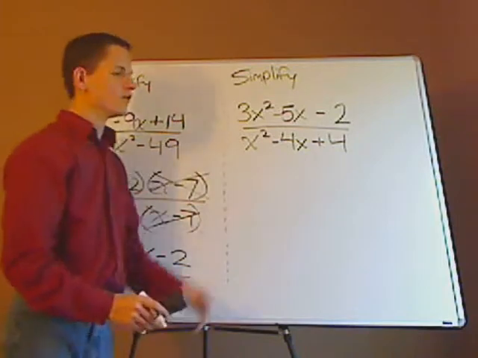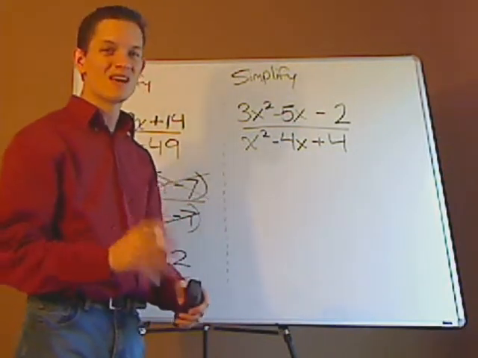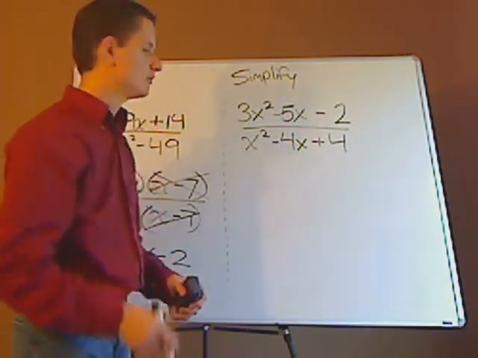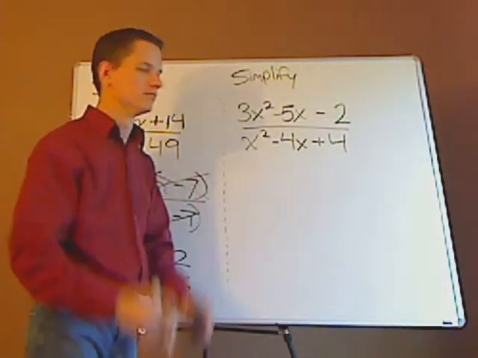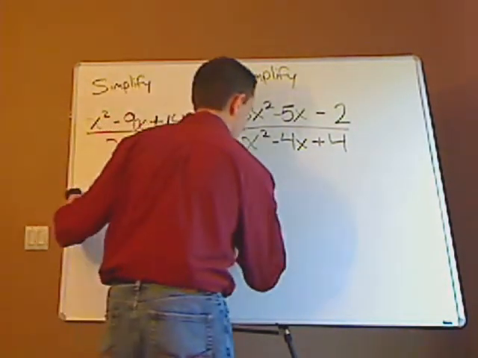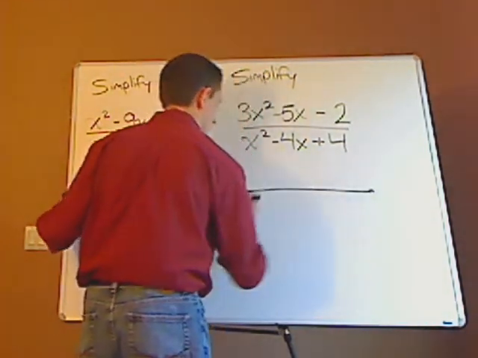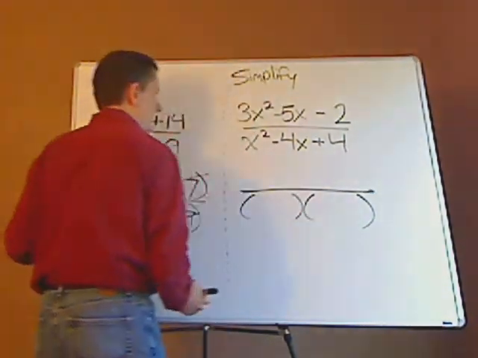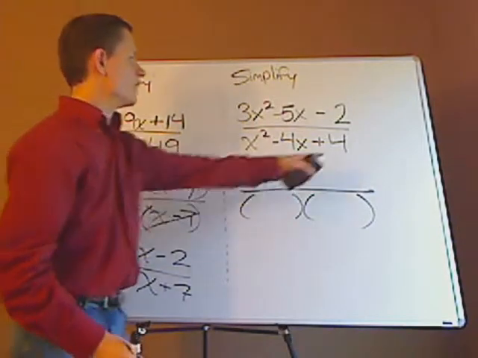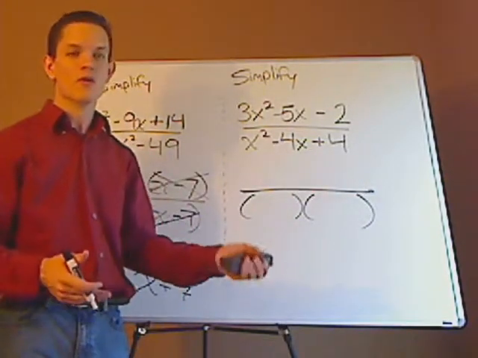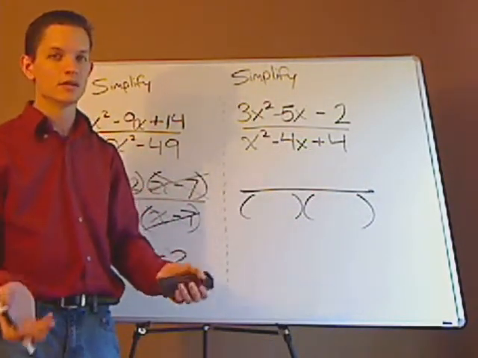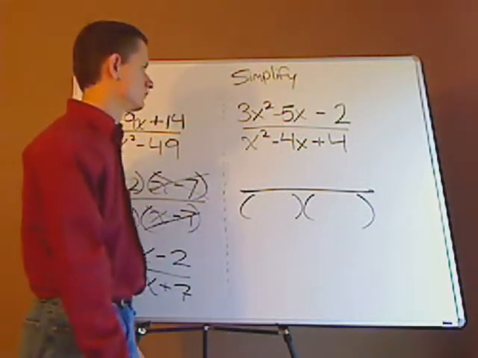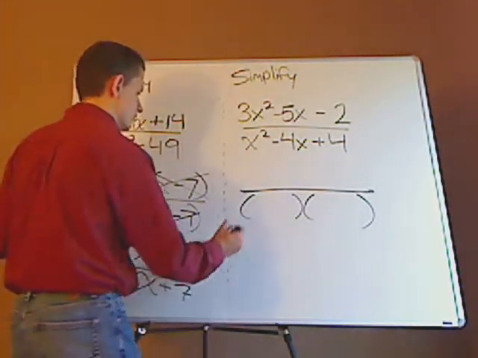So let's do this one. Now, instead of starting with the top, let's start with the bottom. So the bottom is easier to factor. Alright, what times what will give me 4, and then when added together, gives me the negative 4. Right, 2 and 2.